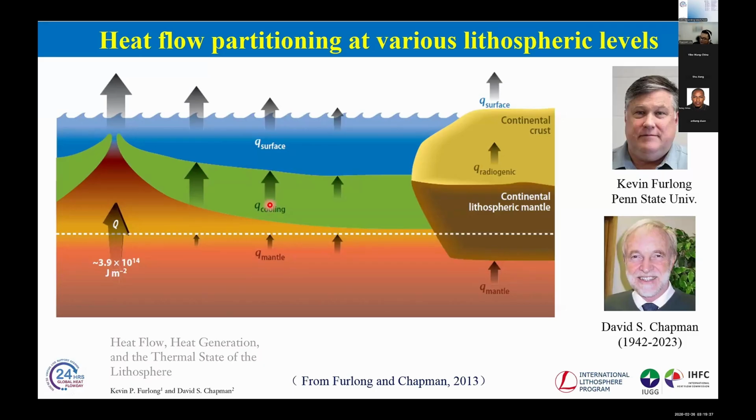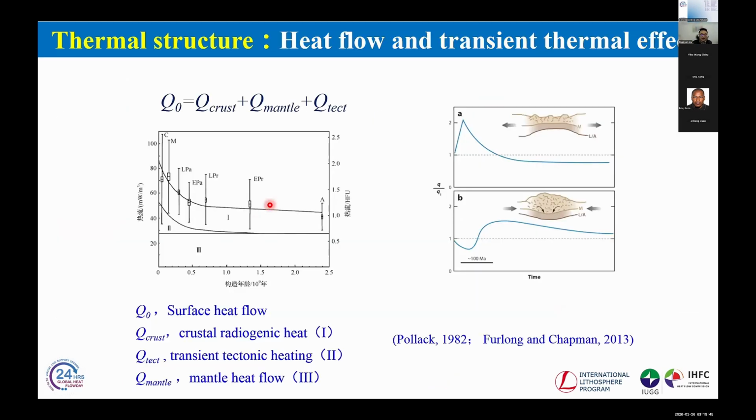In the 1950s, at the beginning of geothermal research, people thought there was no difference between the continents and the oceans because there was not much heat flow data. Now we can see they are totally different. Another topic is the components of the heat flow. This is the surface heat flow.